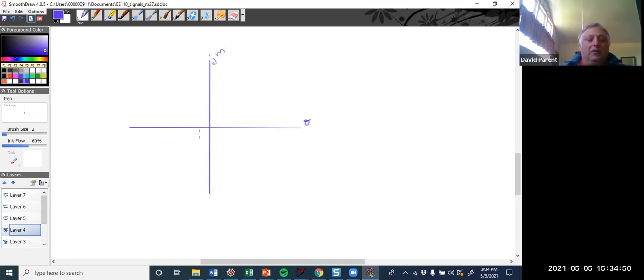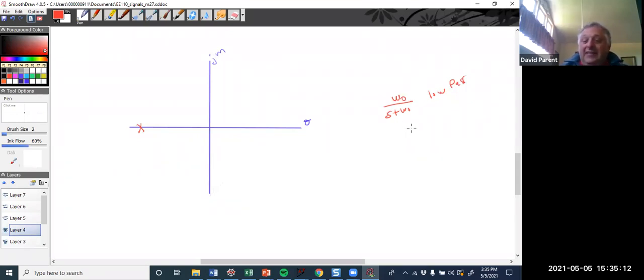Okay, so if I have one root here, that's omega naught over S plus omega naught, and it's a low pass filter. And you can have Butterworth high pass filters, right?